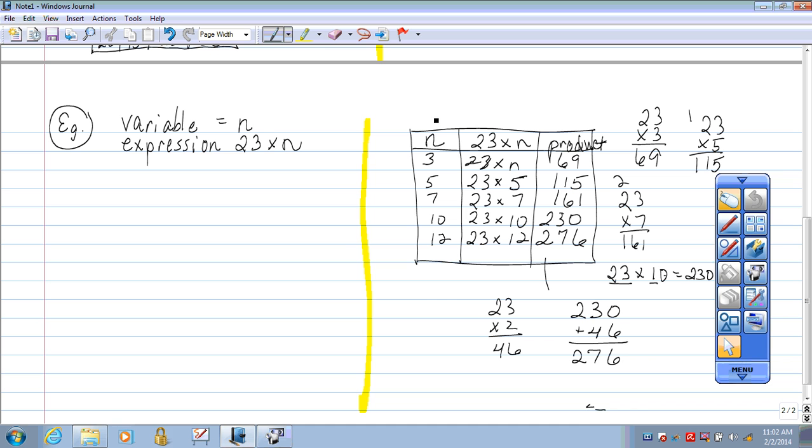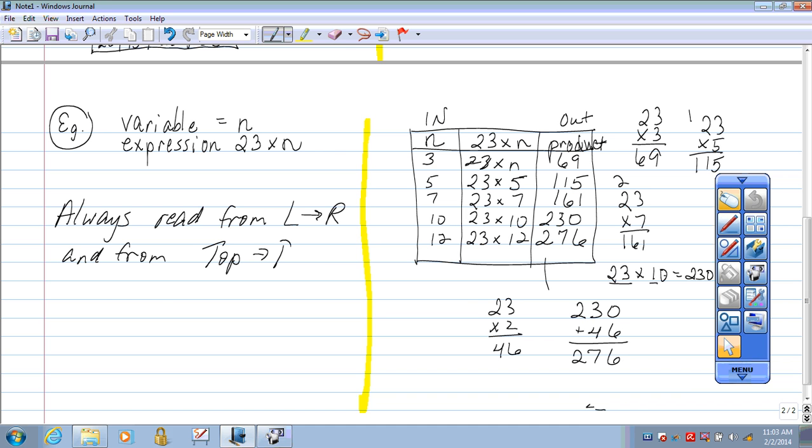We would say this is the n box, this is the operation, and this is the out box. One very important thing that you need to remember is you always read from left to right and from top to bottom.